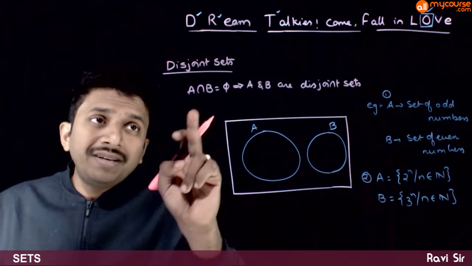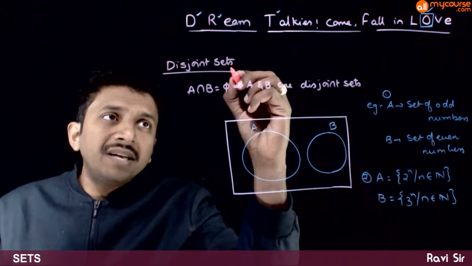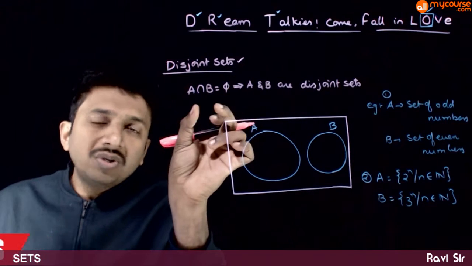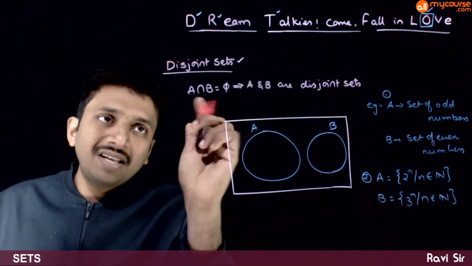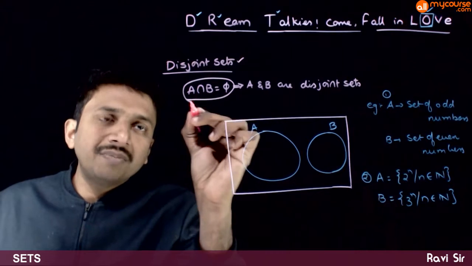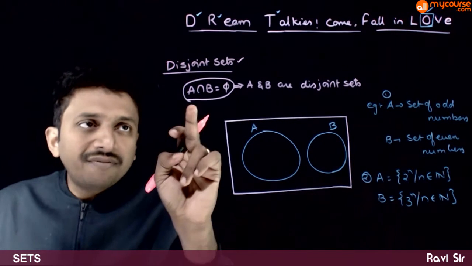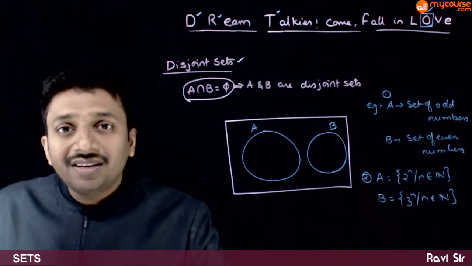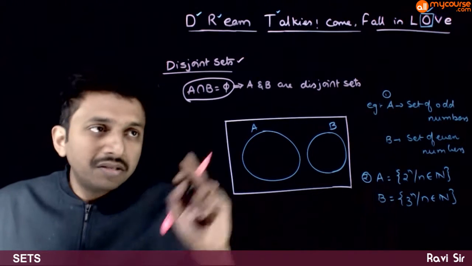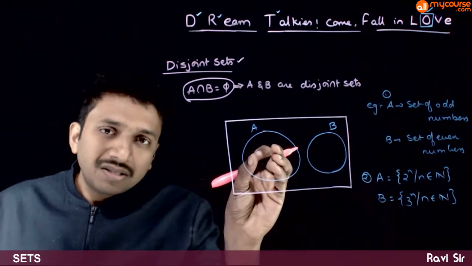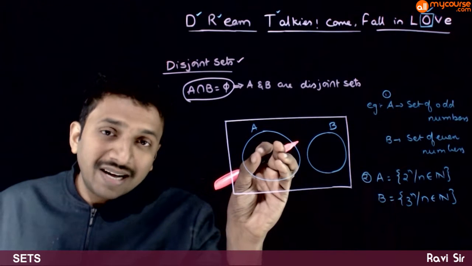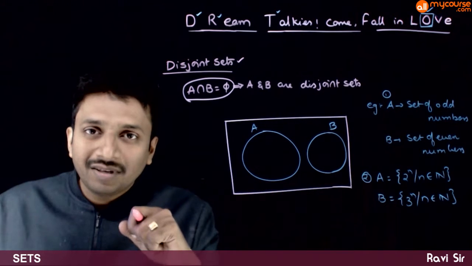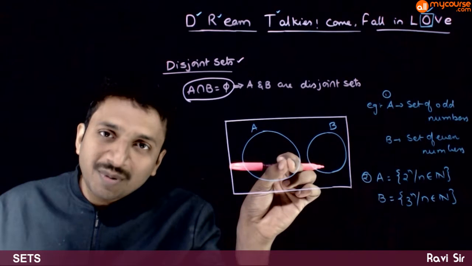With respect to intersection of two sets, you have an important term called disjoint sets. Two sets are called disjoint sets if there is no intersection between these two sets. So if A intersection B is a null set, then A and B are called disjoint sets. If you draw the Venn diagram with circles for set A and set B, and they are not joined, they are disjoint sets. If they are joined, there is some intersection.